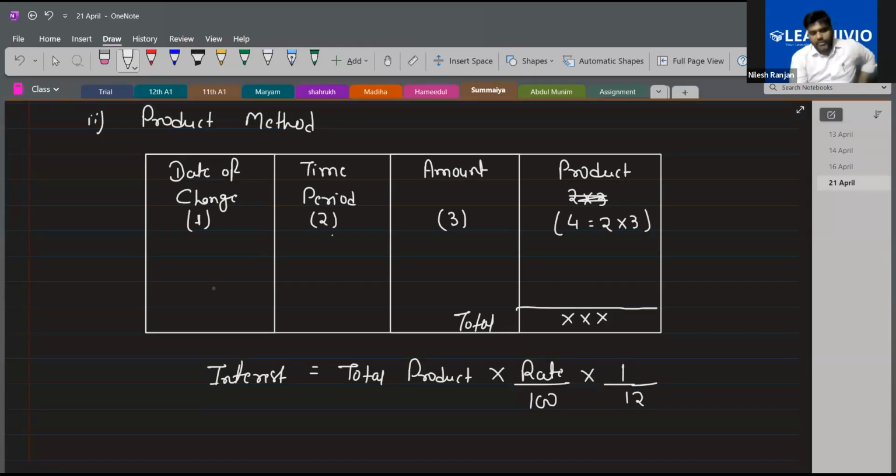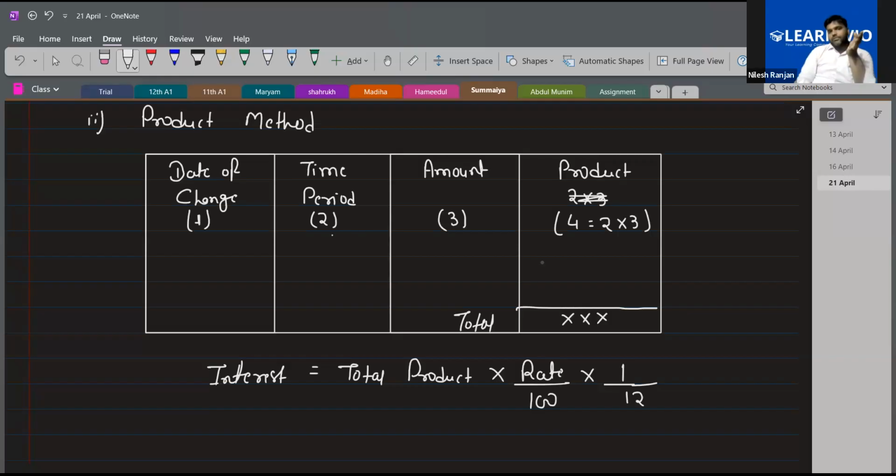Okay, we will write all the changes. We will write the time period between these and then the amount product. Also, this is less confusing. Sometimes when you use the simple method, then sometimes we are not able to calculate the time period between 2 changes.